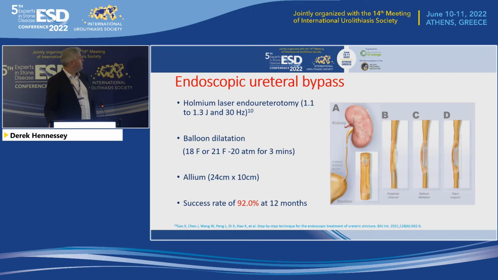What they did was to create a channel using a holmium laser set at 1.1 to 1.3 joules and 30 hertz, and then they passed the balloon through that. They used an 18 French or 21 French balloon, and they inflated it to 20 atmospheres for 3 minutes. And then they placed an allium stent, and their success rates were 92% at 12 months.